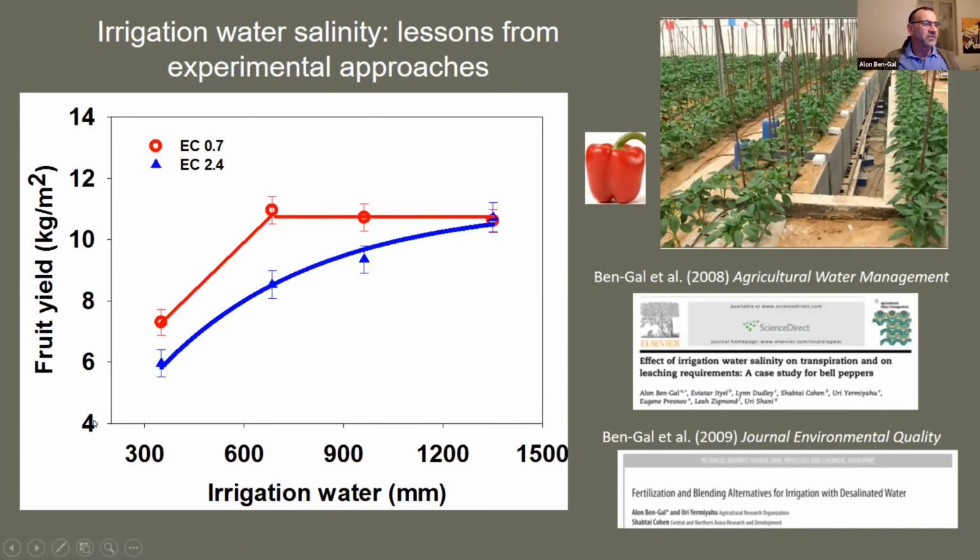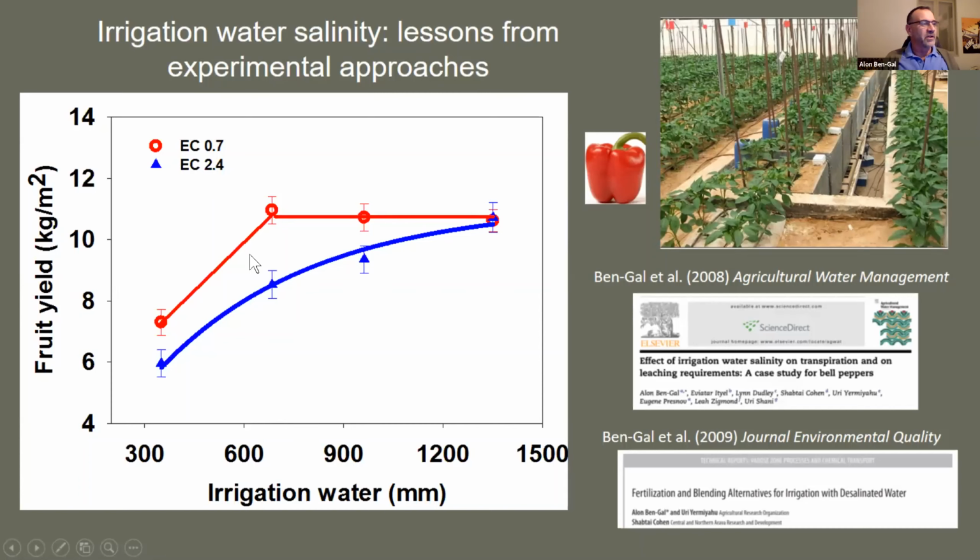And here in this graph, we see that we added different amounts of water seasonally with the two water qualities. When we had good quality water, we were able to reach a maximum or an optimum yield when we supplied that evapotranspiration needs, essentially, which is about 700 millimeters in this case.